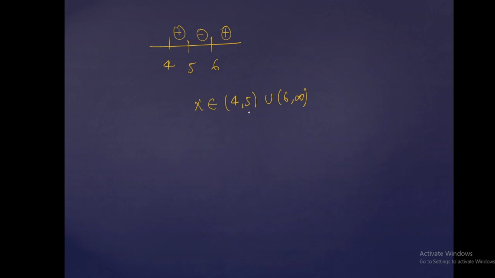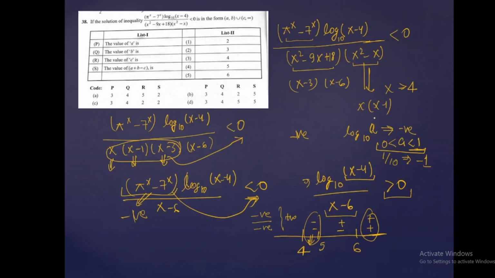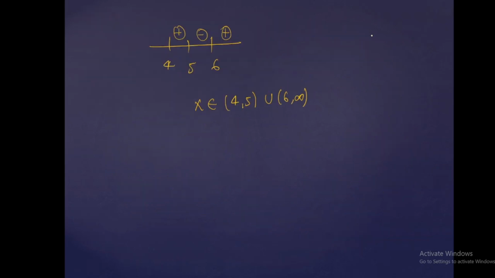We cannot take 5 over here. Let's see why we cannot take 5. Because at 5, let me show you, it will be 0.